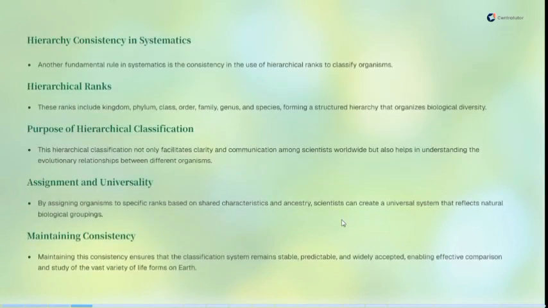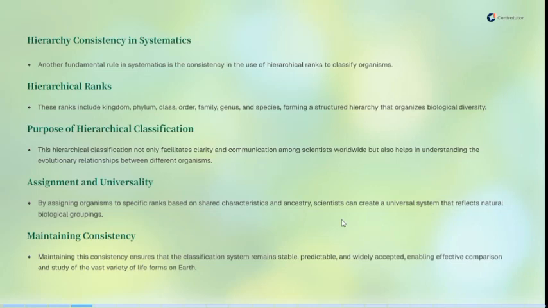Another fundamental rule in systematics is known as the consistency rule, or hierarchy consistency. It is used to rank organisms in a hierarchical pattern.